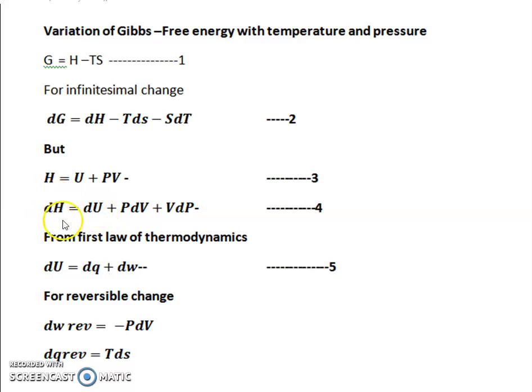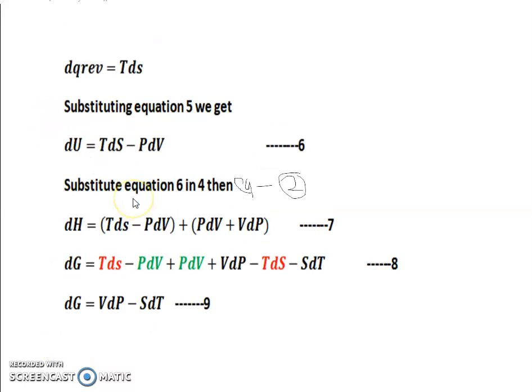Then put this value of dH in equation 2, and therefore dG is equal to TdS minus PdV plus PdV plus VdP minus TdS minus SdT, equation 8.